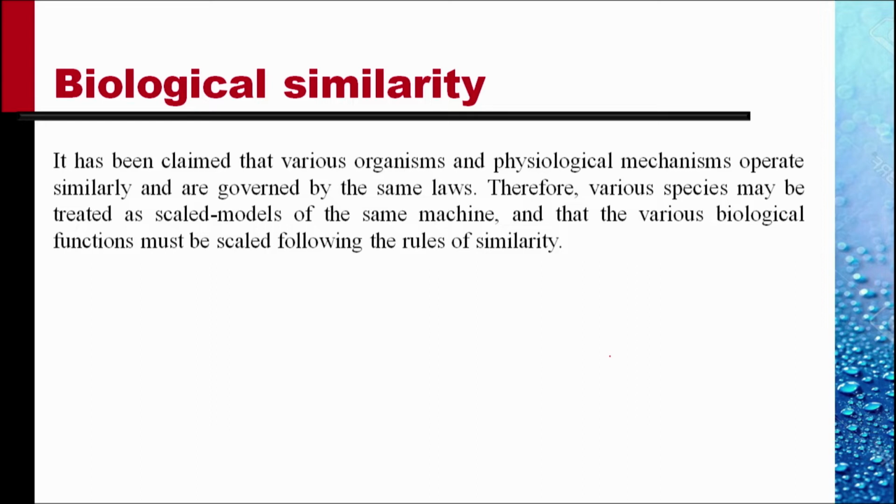It has been claimed that various organisms and physiological mechanisms operate similarly and are governed by the same laws in different species. Therefore, various species may be treated as scale models of the same machine, and that the various biological functions must be scaled following the rules of similarity as developed here.